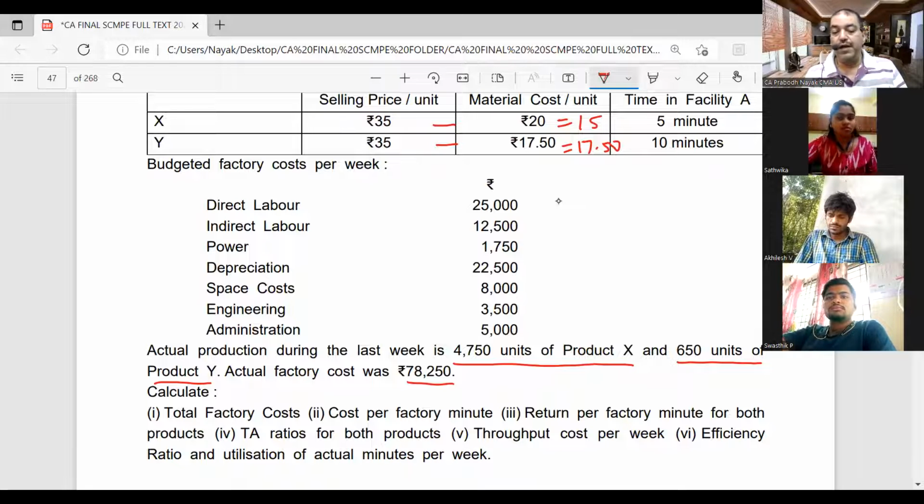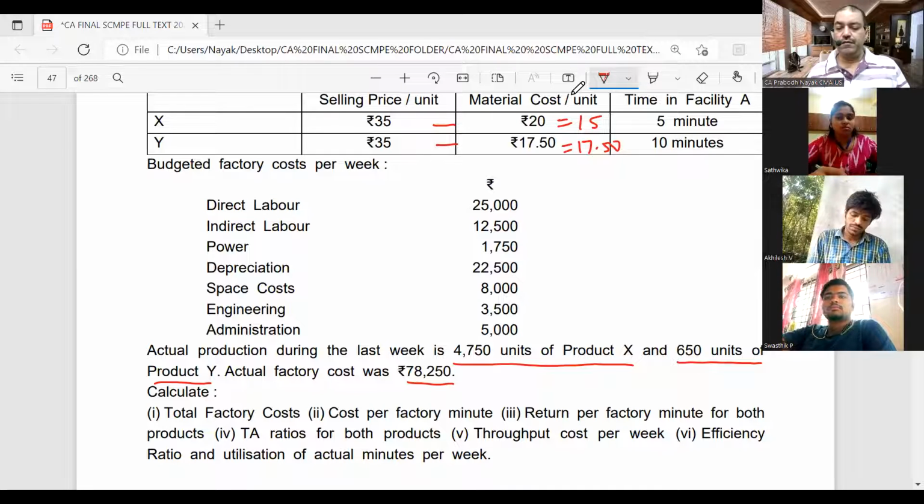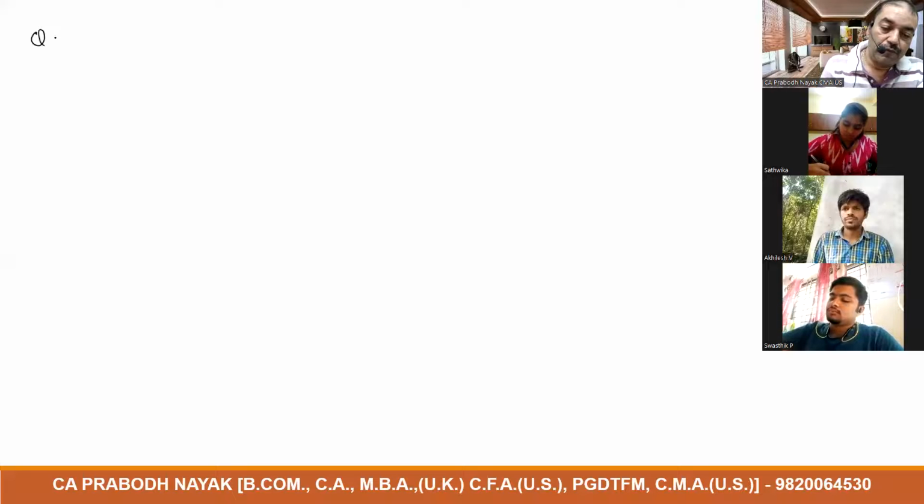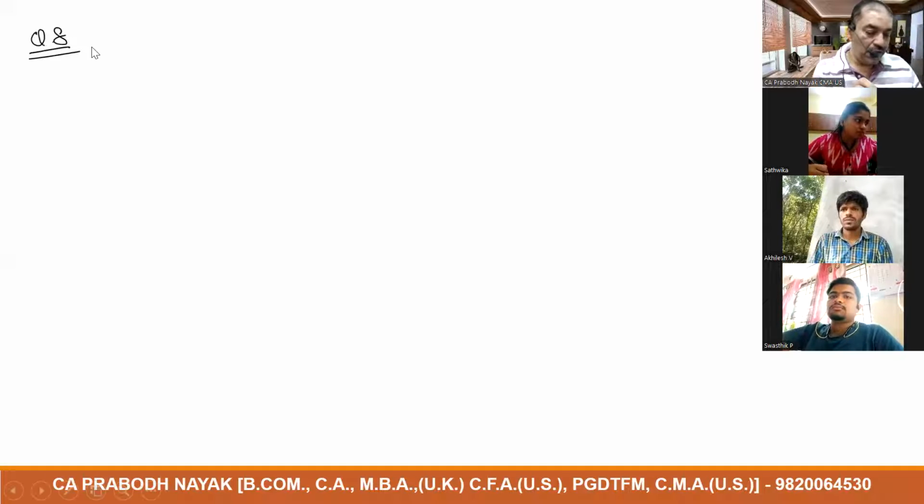Throughput accounting ratios, TAR, for both the products, throughput cost per week, efficiency ratio, and utilization of actual minutes per week. All are asked. So first to calculate total factory cost. Okay. So let us see how to do this. Simple question. Right now, calculation of total factory cost.